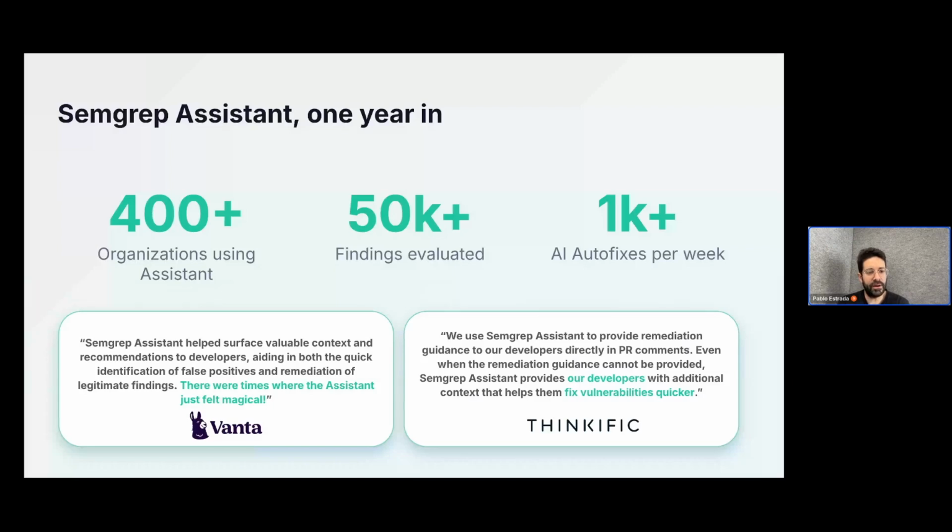Below there, I'll let you read the comments, but there have been some very positive comments from some of our customers who have been running Semgrep Assistant for a while and seeing how the help in terms of contextualization, remediation guidance, and interaction with developers has been very valuable for ultimately helping with the vulnerability backlog itself, and also to help developers and organizations fix vulnerabilities more quickly.